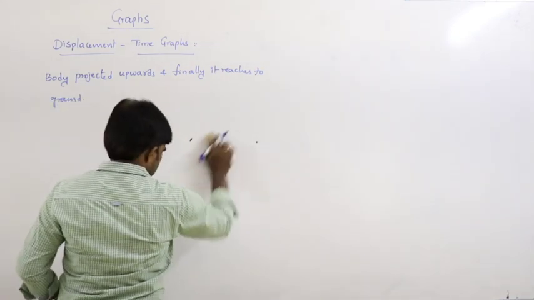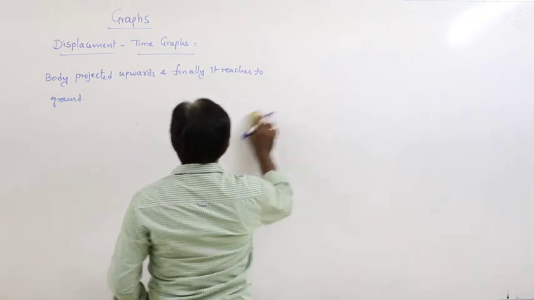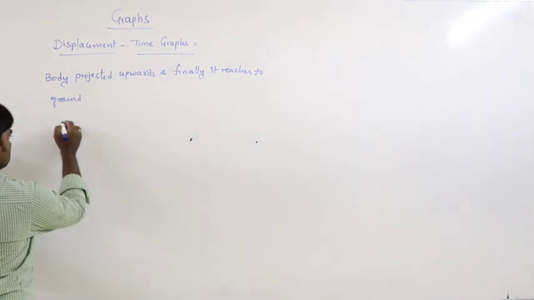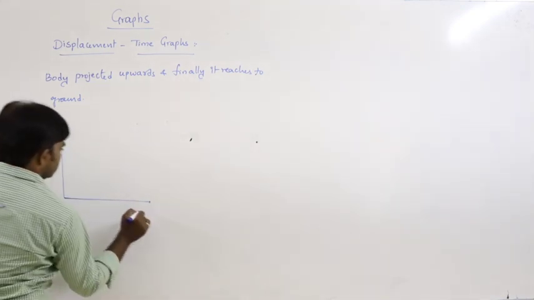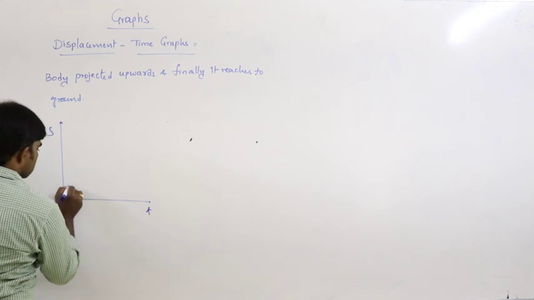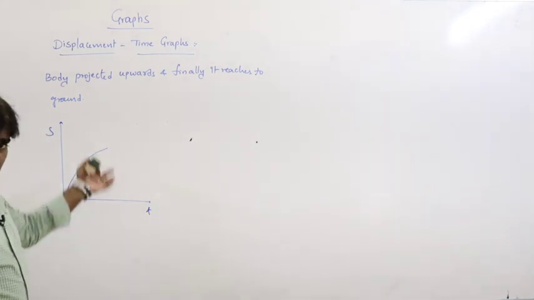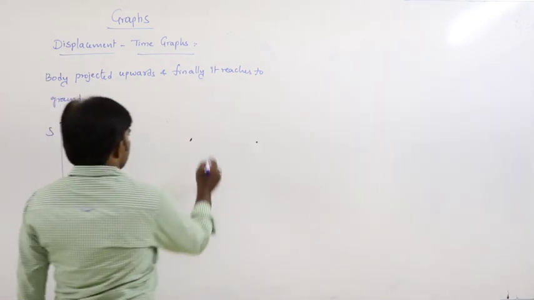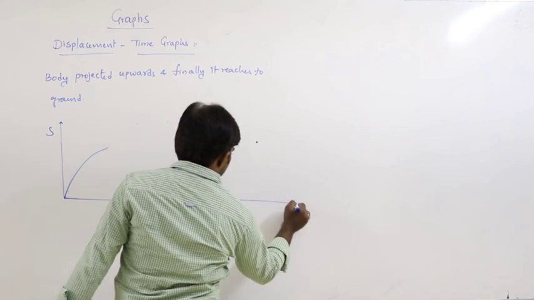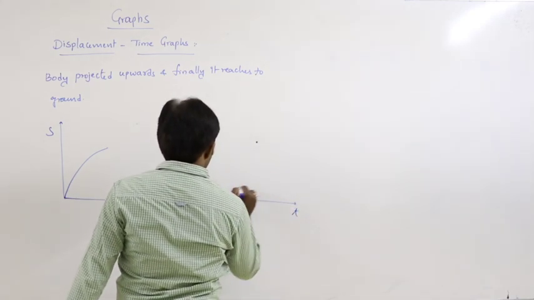So based on this, the first condition, body moving upwards, displacement-time graph: the body moves upwards, that means it moves with retardation. Next, during downward motion, in the displacement-time graph, the body moves with acceleration.